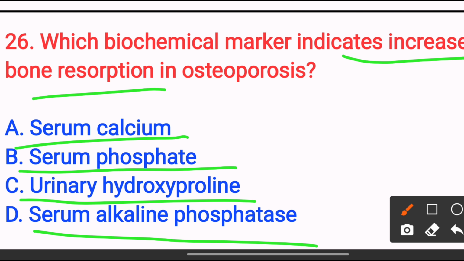The answer is option C, urinary hydroxyproline, because hydroxyproline is released during collagen breakdown in bone resorption. Elevated urinary levels suggest increased bone turnover.